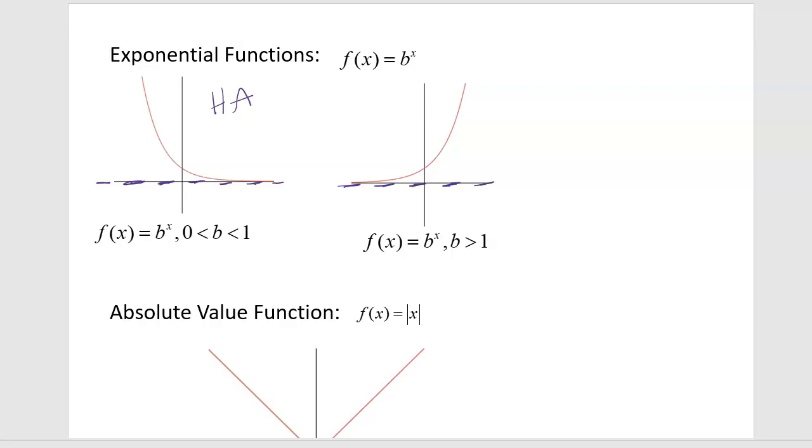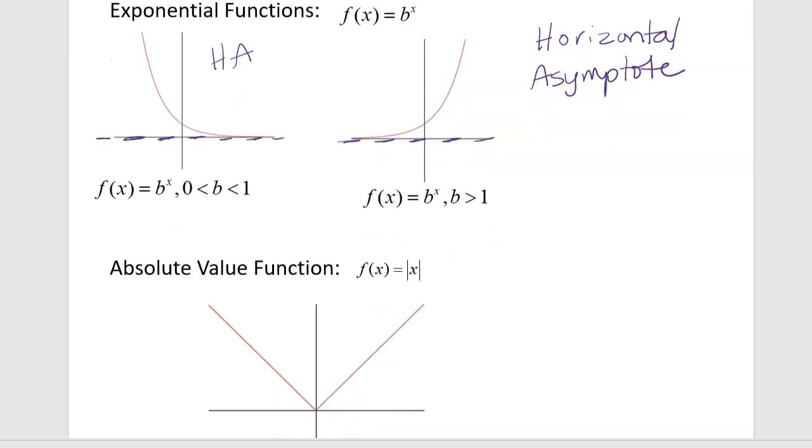So I'll put that over here and write it out, horizontal asymptote. Basically your exponential functions always look like they're leveling off on one side. It could be the right side or the left side, but they're leveling off.